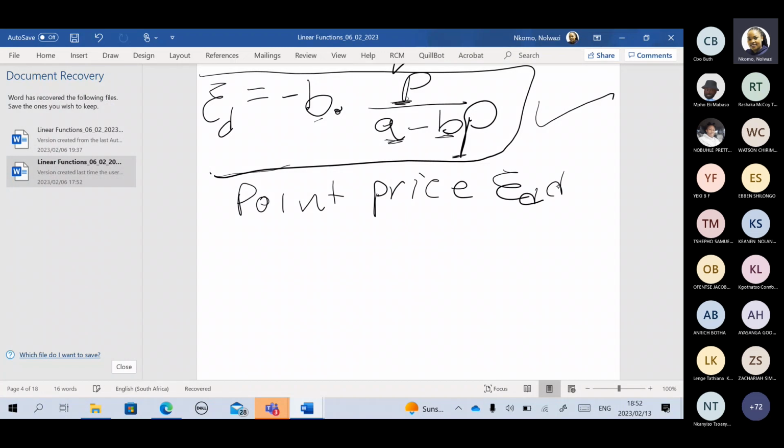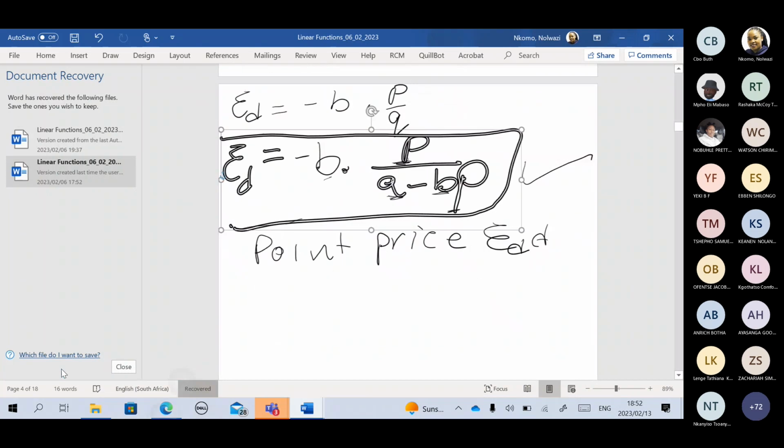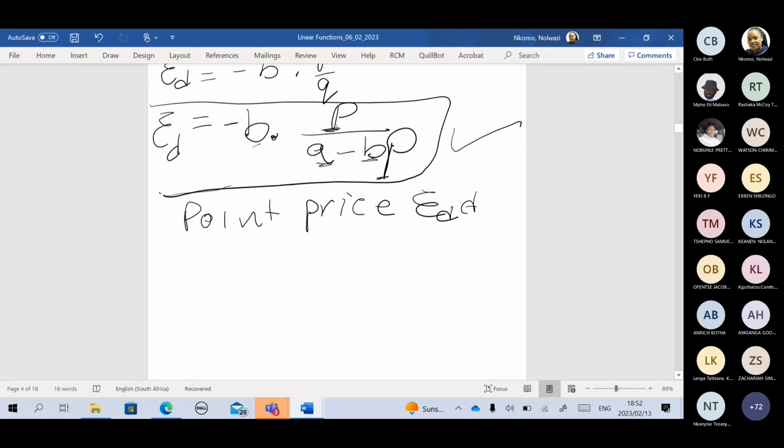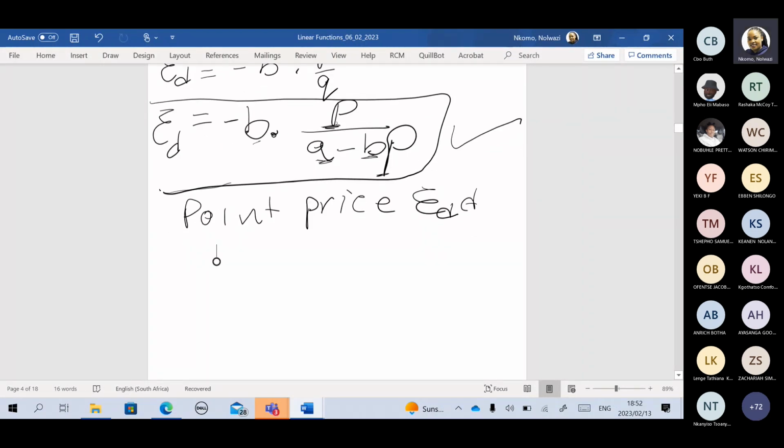Okay, and just write it. This is just a measure of the elasticity at a point of the demand function.